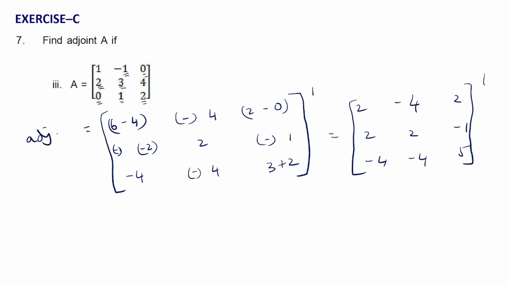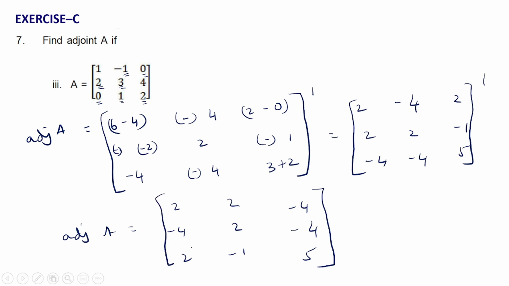This is adjoint of A. So adjoint of A is equal to 2, minus 4, 2, 2, 2, minus 1, minus 4, 5. So this is the adjoint of this given matrix.